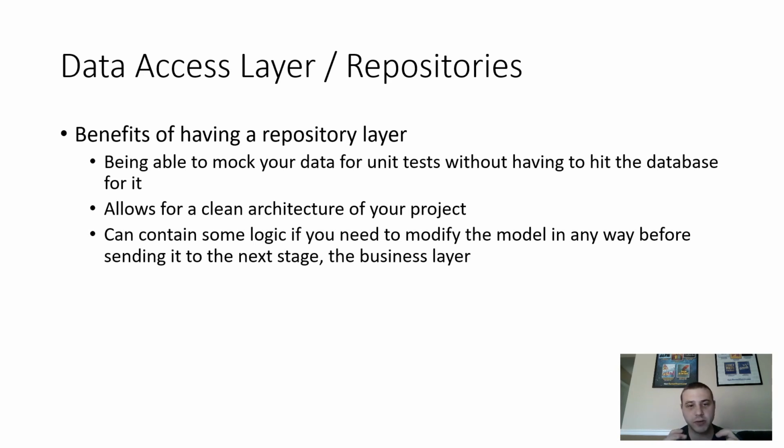Each of these layers does a specific job, and you don't want to mix those jobs up. That way, when it comes time to fixing things, it's very easy to understand where it is. And it can contain some logic if you need to modify the model in any way before you send it to the next stage, which is the business layer, which does business logic.